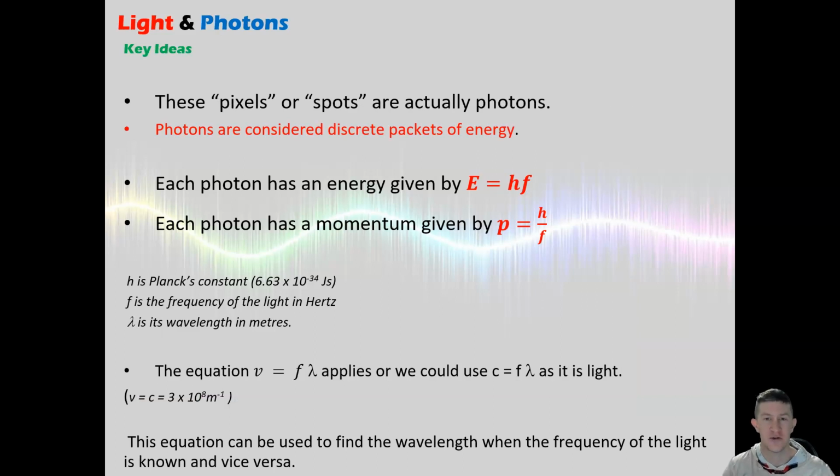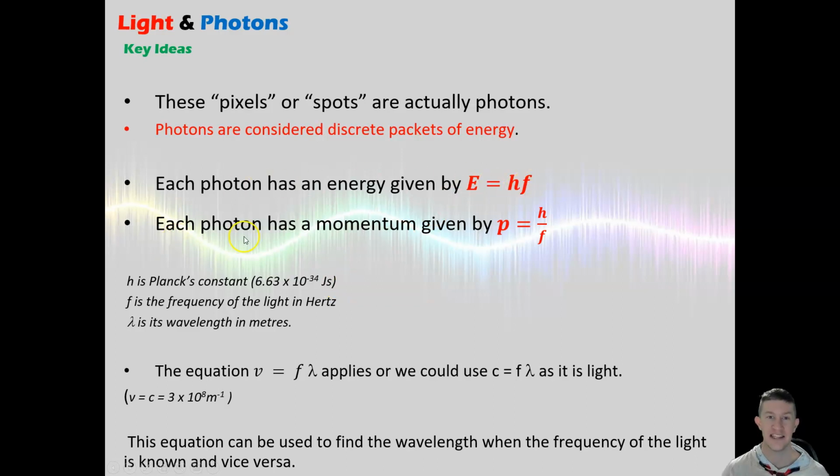These pixels or spots that we're seeing form the image are actually photons. Photons are considered discrete packets of energy, so they are actually energy particles. Each photon has an energy given by the equation E equals hf, where h is Planck's constant, given on the formula sheet, 6.63 times 10 to the negative 34 joule seconds, and f is the frequency of light.